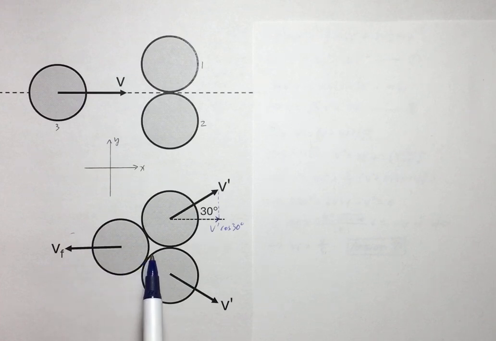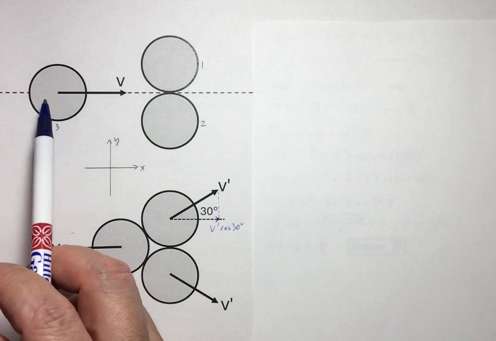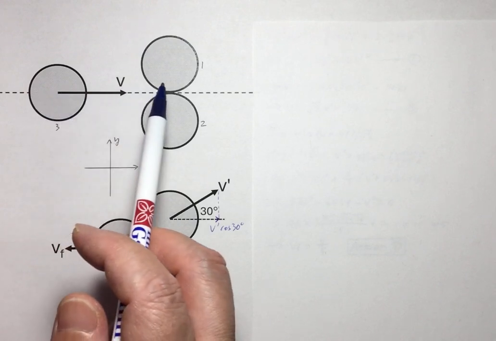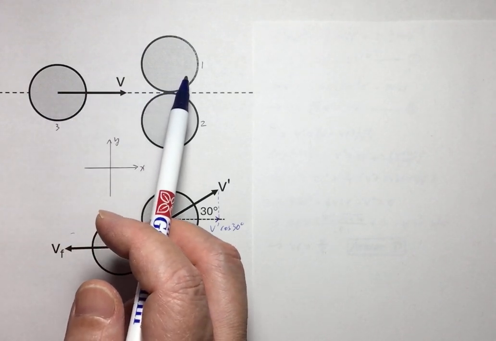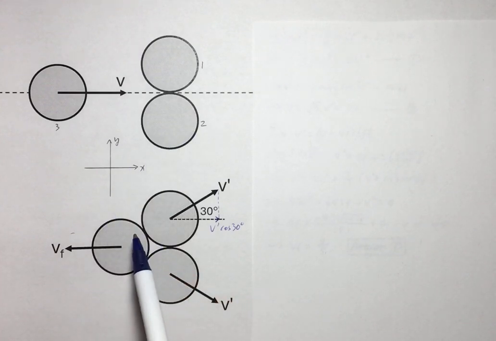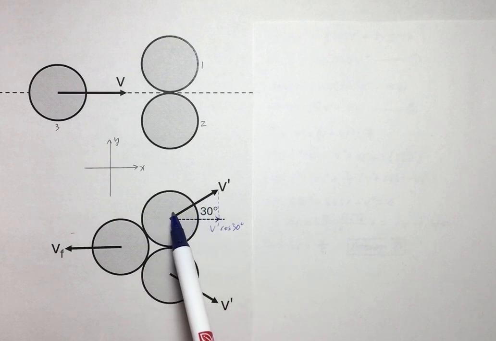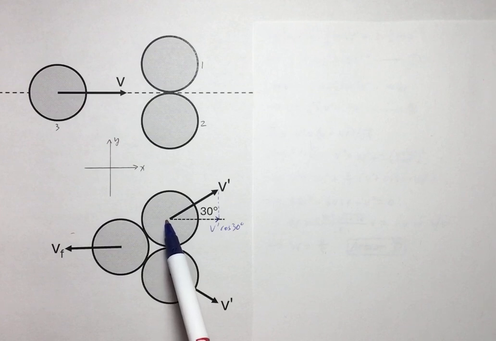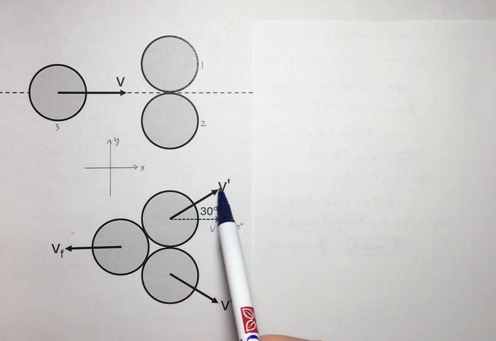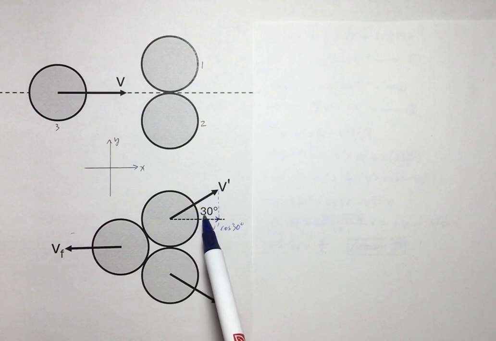As we can see here, when the third disk collides with the first and second disk, because the force is along this direction, the first disk will leave the initial position along this direction, forming a 30-degree angle with the x direction.